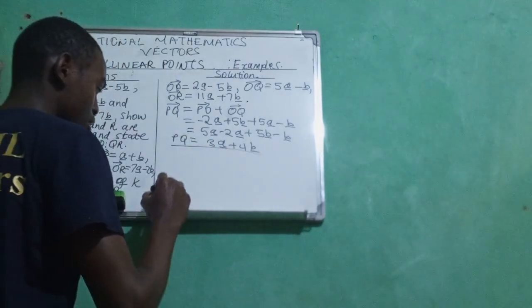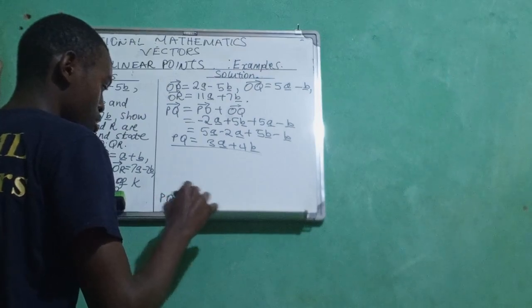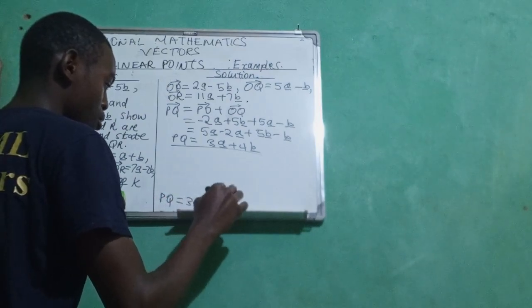So let's write it down here. PQ is equal to 3 of vector A plus 4 of vector B.